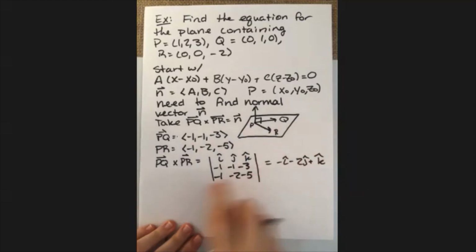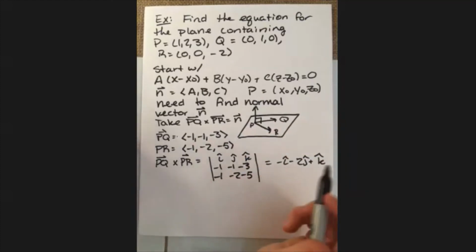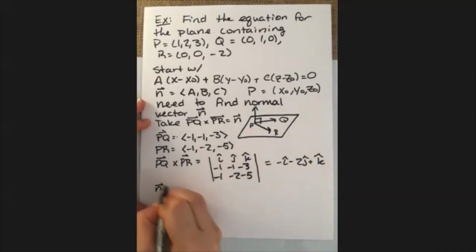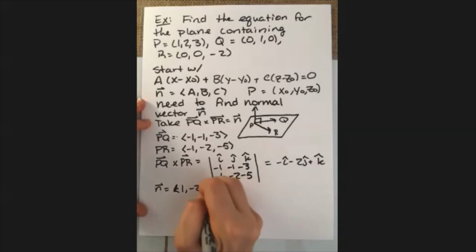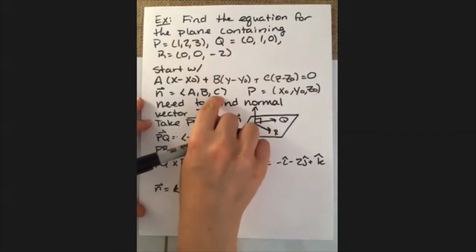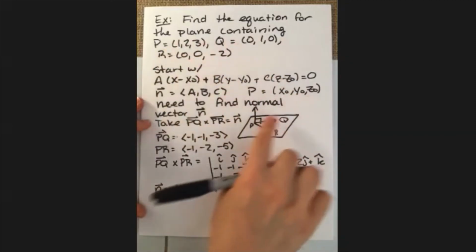If this is a process that you're not necessarily super comfortable with, I would recommend that you go back and look at my cross product video. But what this means here is that our normal vector is equal to (-1, -2, 1). And we can choose any one of these 3 points that would serve as one of the points on the plane.